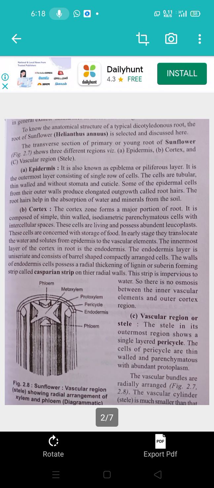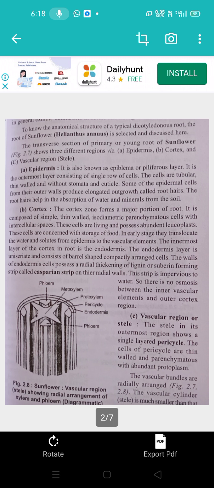The first one, epidermis, is also known as epiblema or piliferous layer. It is the outermost layer consisting of a single row of cells. The cells are tubular. Their outer wall produces elongated outgrowths called root hairs.